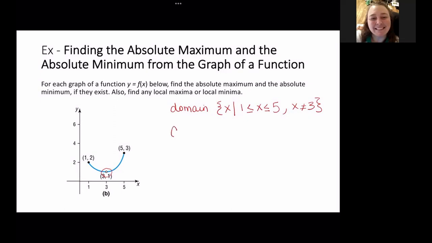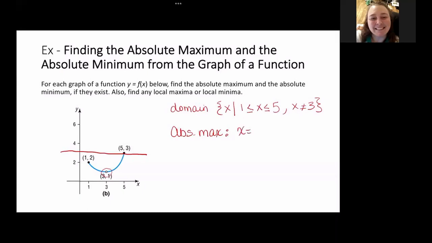Now, our absolute max, okay, the highest of the high, is where? Is that X equals 5. Okay. Now, let's see. Absolute min is what? Well, we have to be careful because this is an open circle. We actually do not have any.